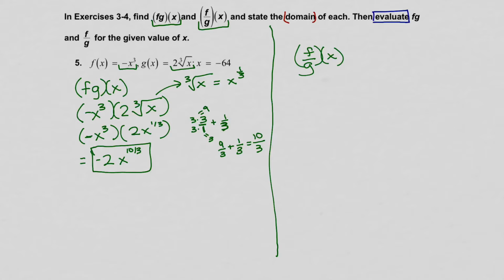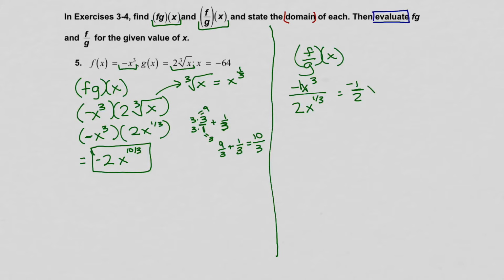Well, if I divide over here, let's move to the other side of the page, I still have those same terms. I have negative x to the third divided by, I'm going to just write it as an exponent right off the bat. We've already seen that we can do that. Well, I've got my negative 1 divided by 2, so that gives me a negative 1/2.